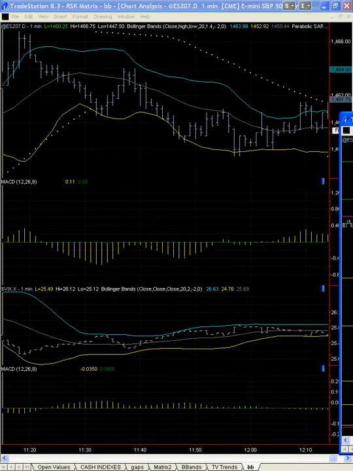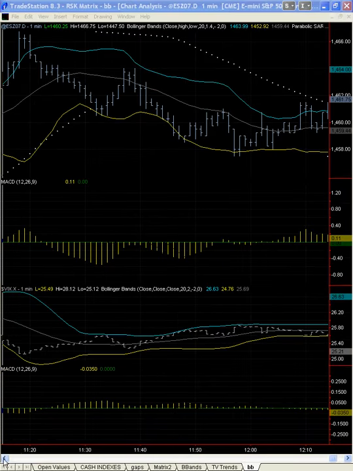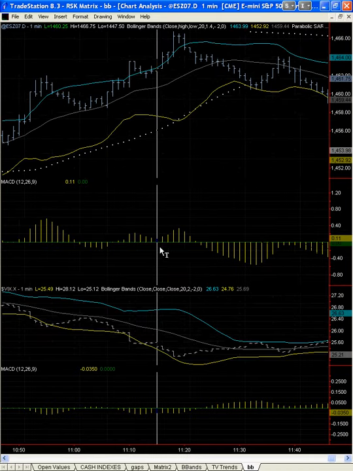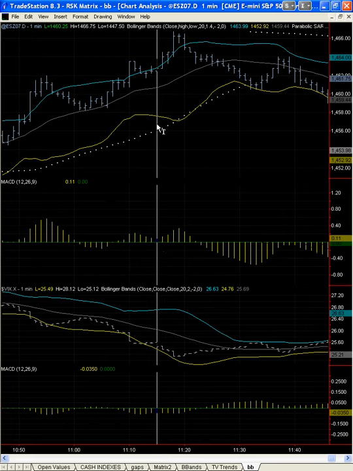We were at a very obvious low, very weak right in here. New high, that was weak. Okay, but you see what's happening here. Now we get stopped out.